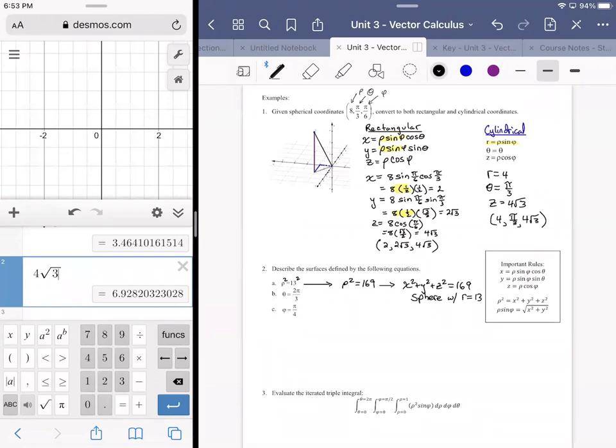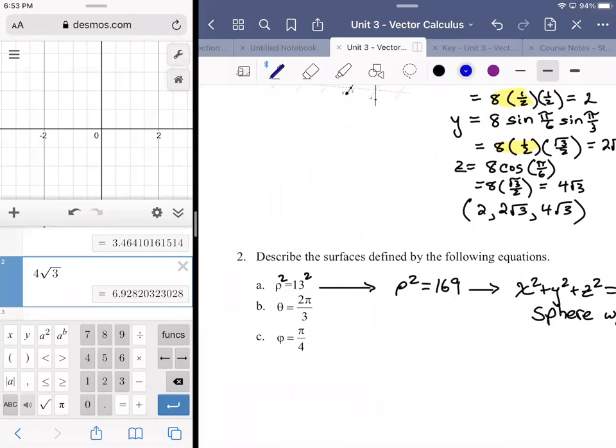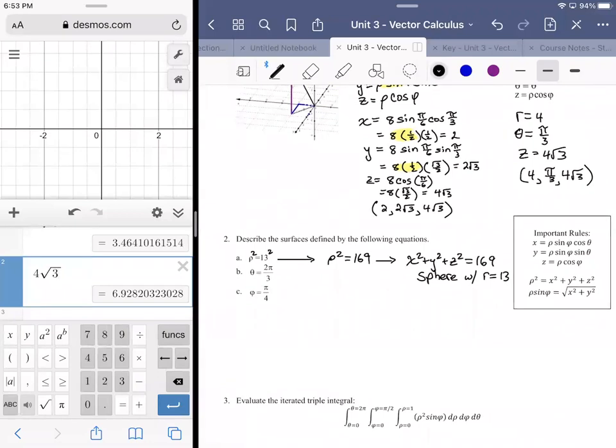But we do know that if we want to convert theta into the rectangular coordinate system, we don't really have to worry about going from the spherical coordinate system directly to the rectangular coordinate system, because we know that theta is the same whether it's in the rectangular coordinate system or in the spherical coordinate system. So what this is saying, and really just the absence of the other variables, is dictating what's happening here.